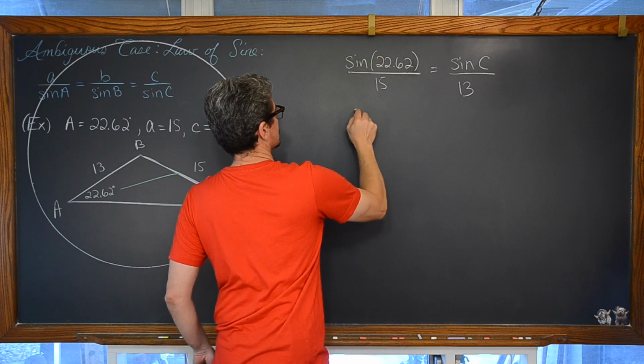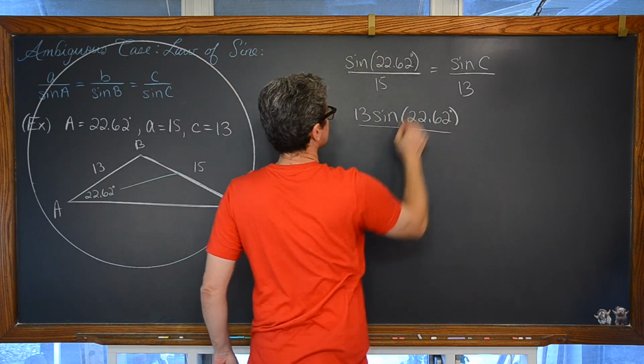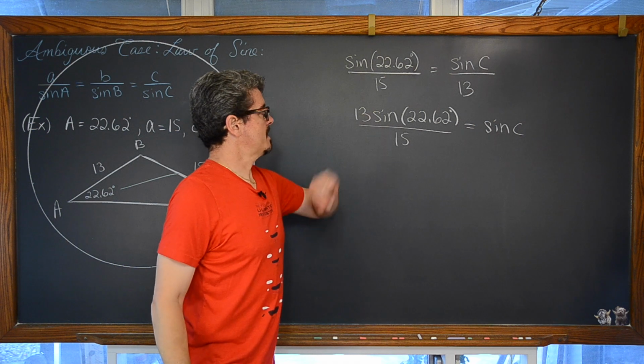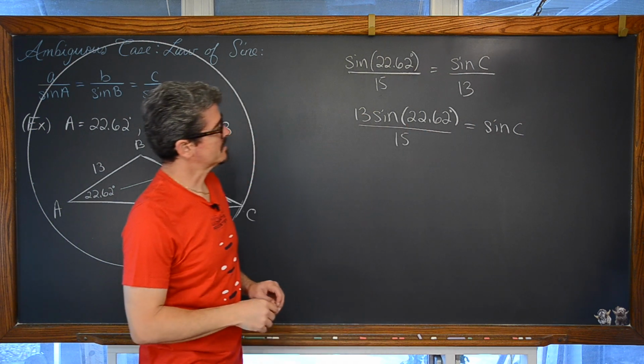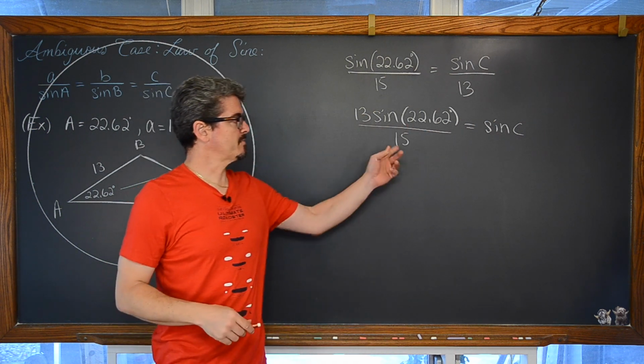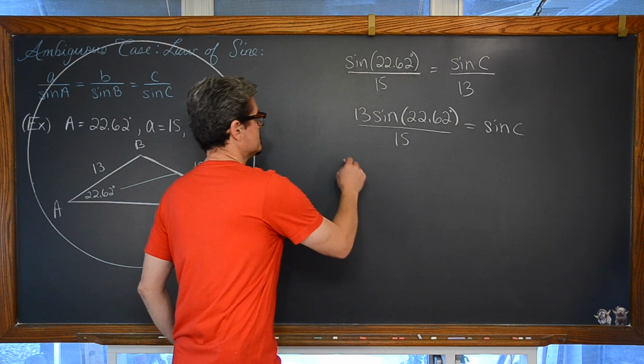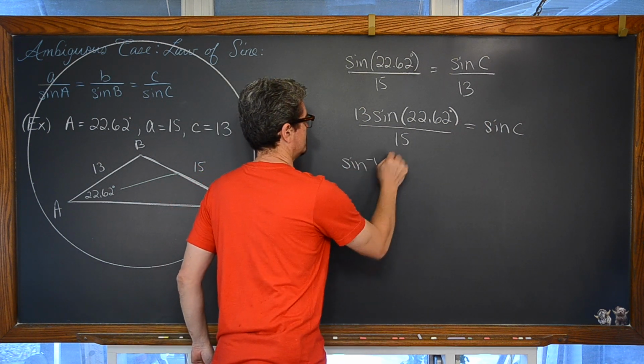Multiply both sides by 13. 13 times the sine of 22.62 divided by 15, then do the inverse sine, or arcsine, of both sides.